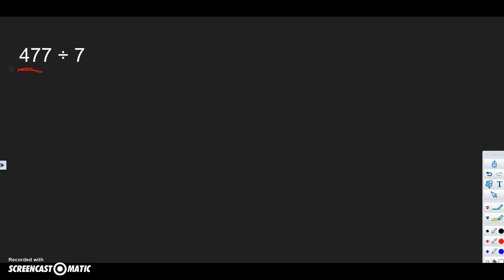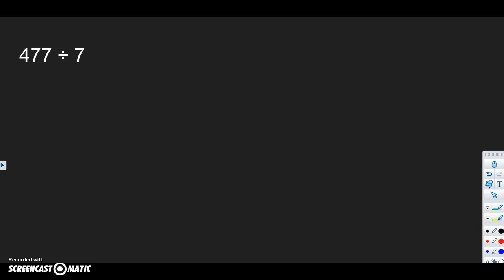I know because I've been practicing my basic facts that I have 42 and 49, which are both multiples of 7 and close to 47. I could use either of these to start my estimation. But just in case you don't have those on lockdown, I'm going to show you a couple tricks you can use to get there.